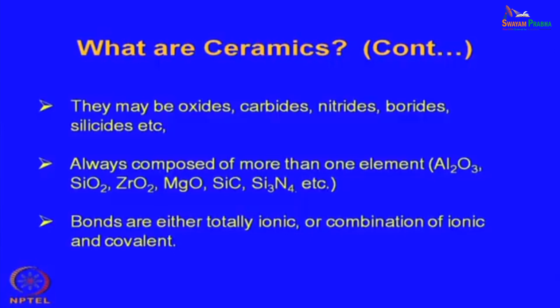Some of them, particularly the oxides, are totally ionic in character, whereas carbides, nitrides, borides and silicides have partially ionic bonding, but mostly they are covalent bonds, or covalency is the character of these bonds.